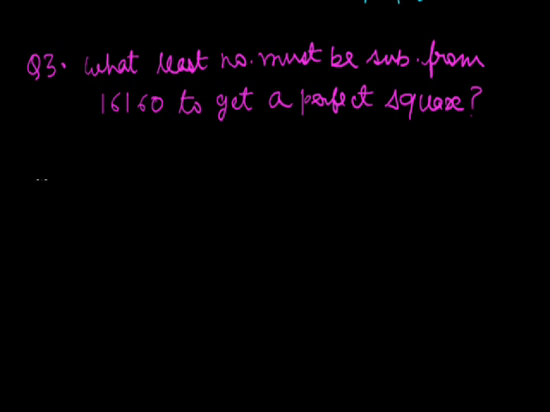Now to start with these types of problems where we have to subtract the number: in the previous question we were asked what least number must be added, and in this question we are asked what least number must be subtracted.